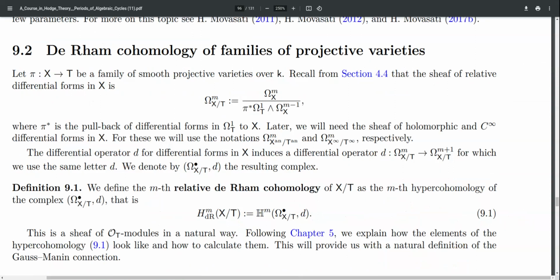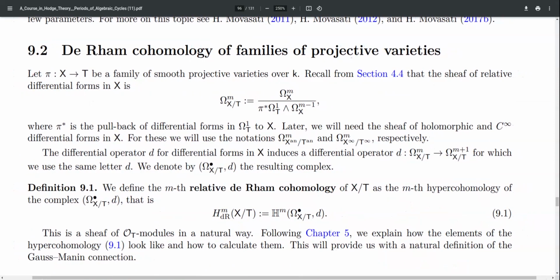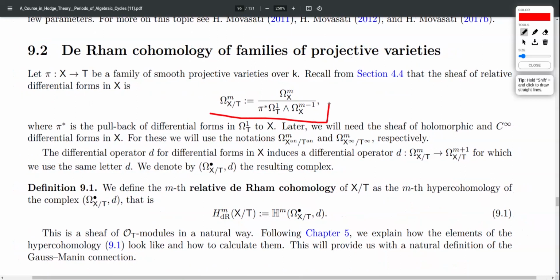Before defining the algebraic Gauss-Manin connection, we have to define what the cohomology bundle is in the algebraic geometric framework. For this, we need to define the sheaf of relative differential forms.